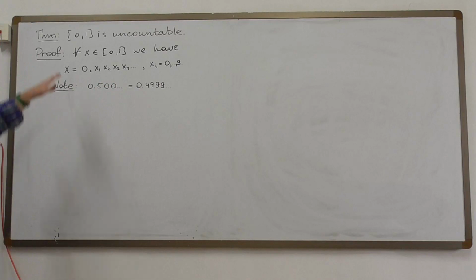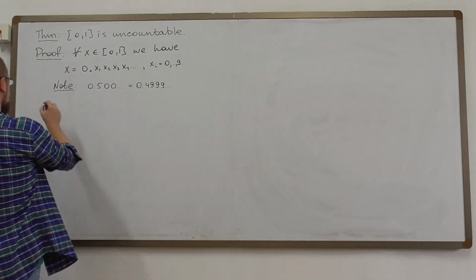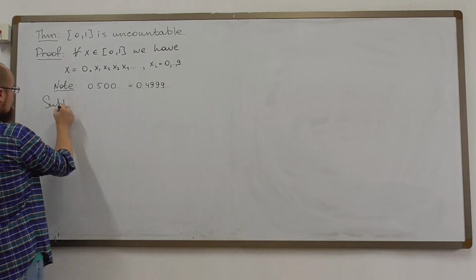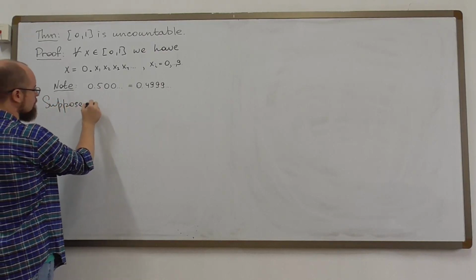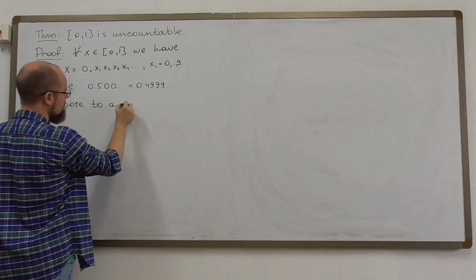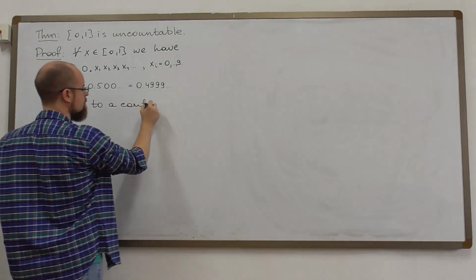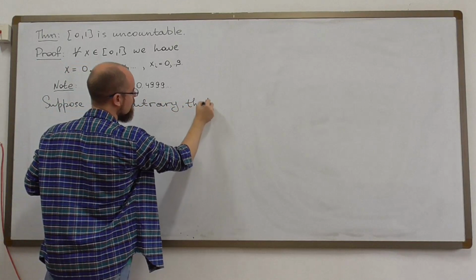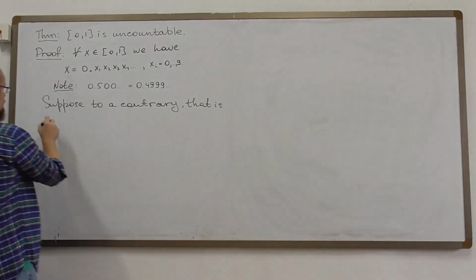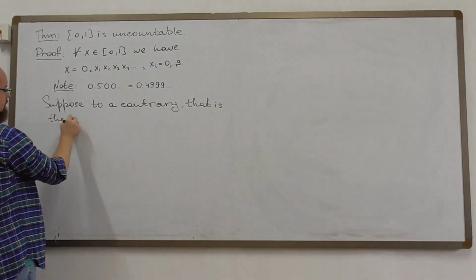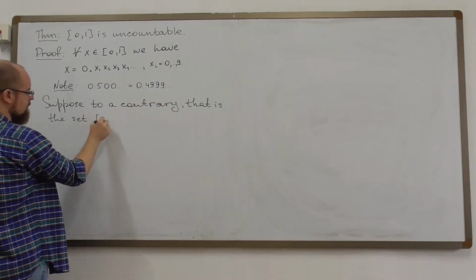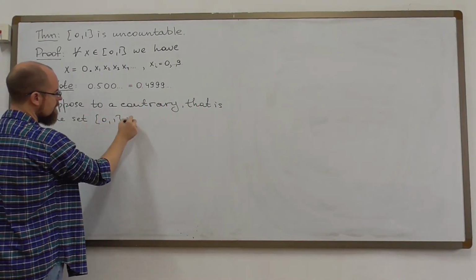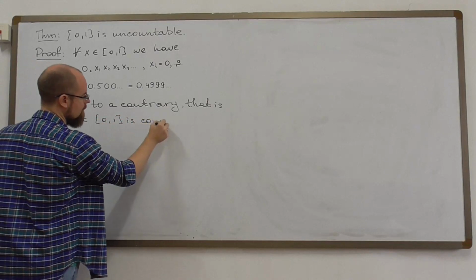Okay, so to prove this we will suppose the contrary. That is, the set [0, 1] is countable.